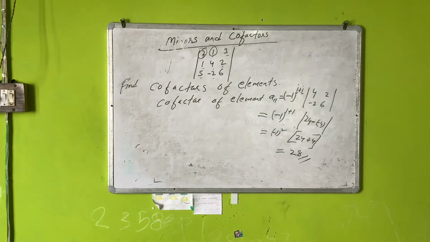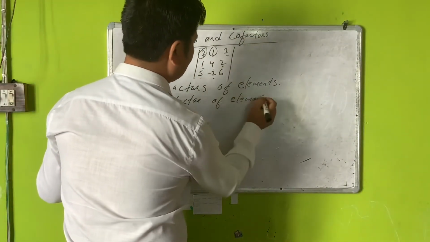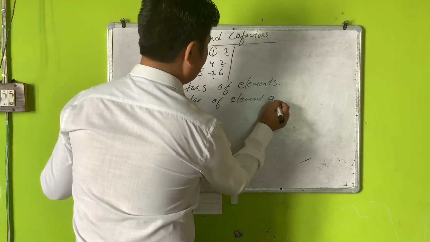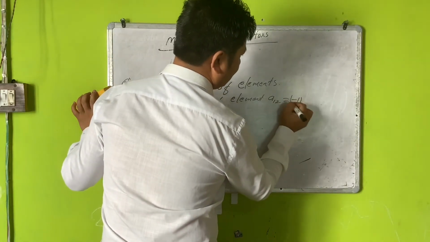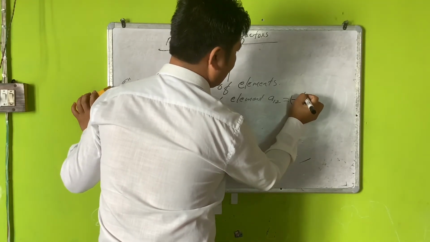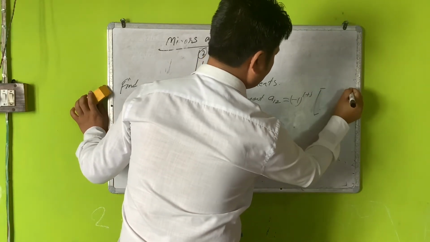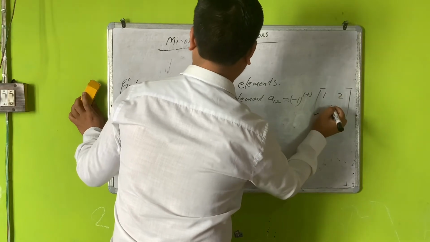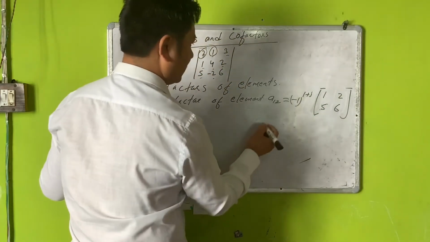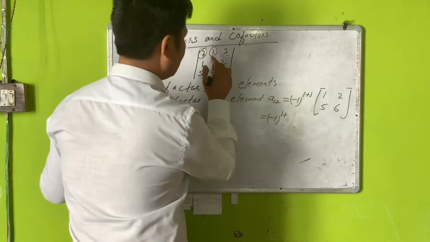Now likewise, if you have to find cofactor of the element A12, then (-1)^(i+j) times its minor. The minor is 1, 2, 5, 6, and i is 1 but j, the column, is 2.